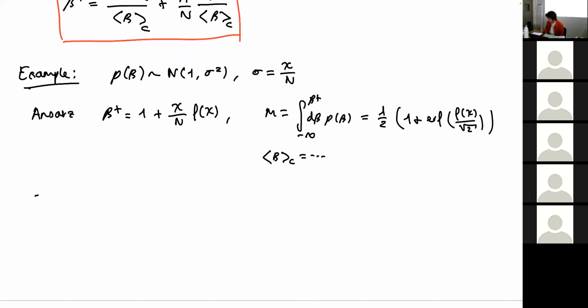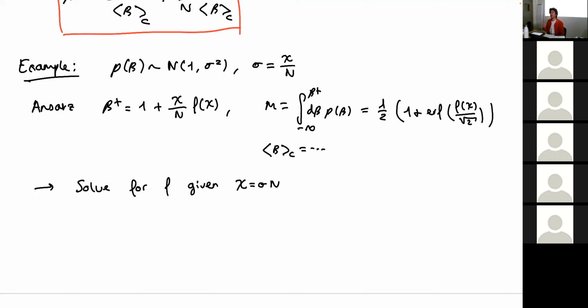In the end, you have a nonlinear equation for f of x. So you solve for f given some value chi that you fix.